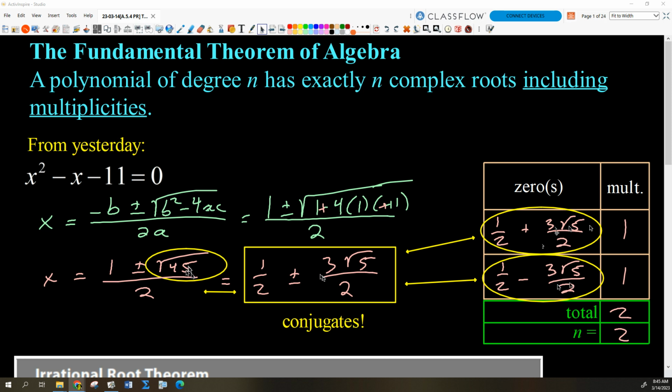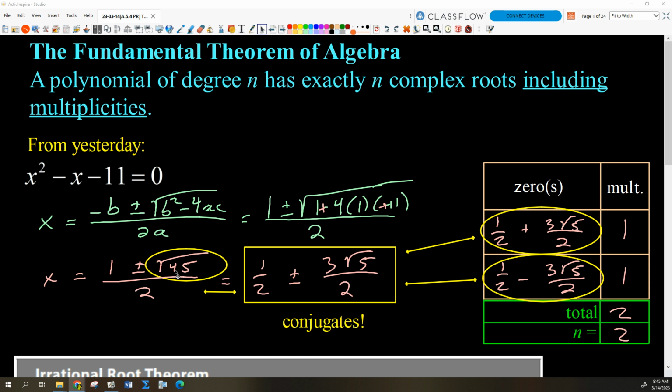Anytime we get stuck with square roots in our answer and we're starting off with our polynomial equation, it has rational coefficients. So no square roots as coefficients, no weird irrational numbers as coefficients. This is always going to happen. We're always going to see this trend.